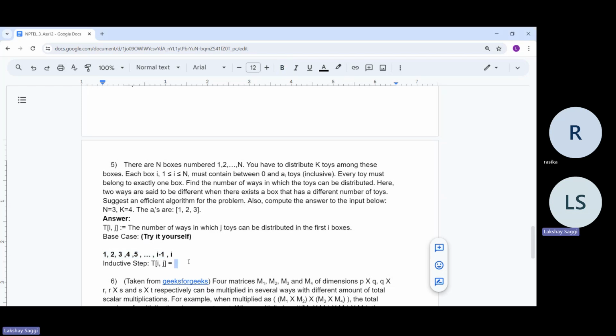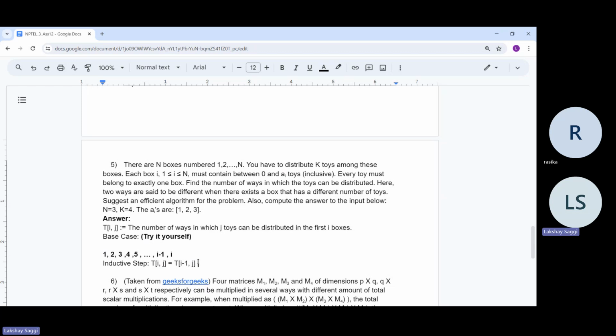And since all of these are disjoint cases, we'll need to sum them. So this will be something like t of i minus 1 comma j, because this is the case when the ith box has 0 toys.